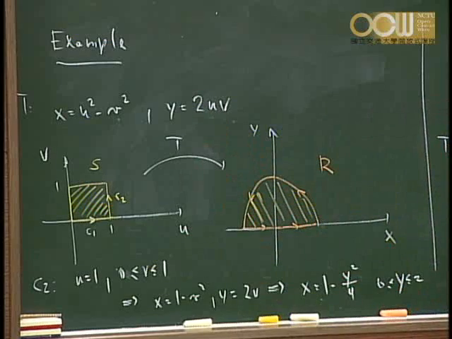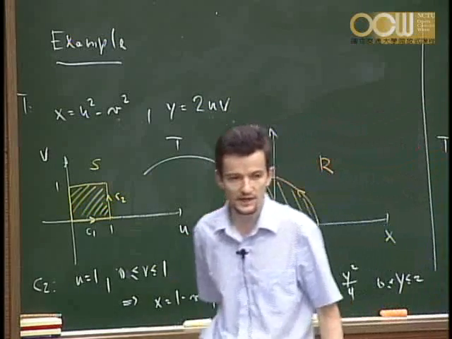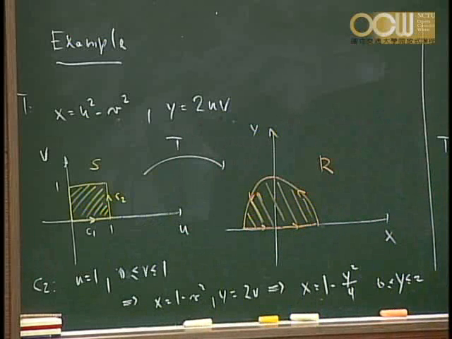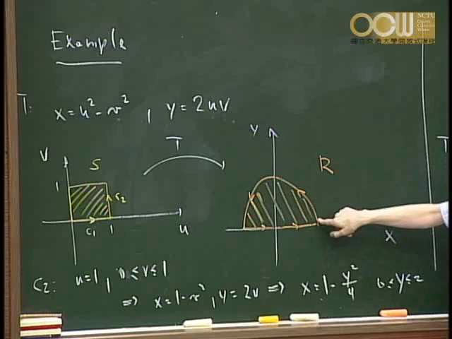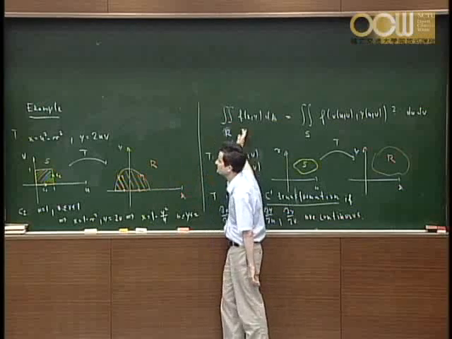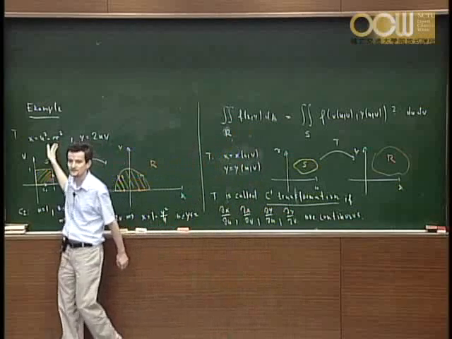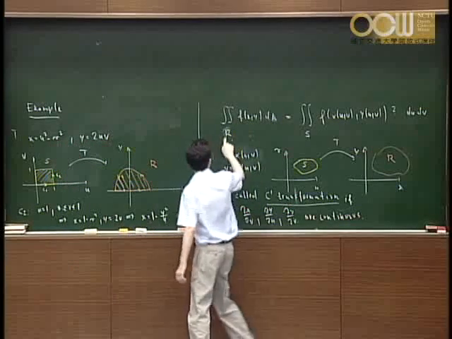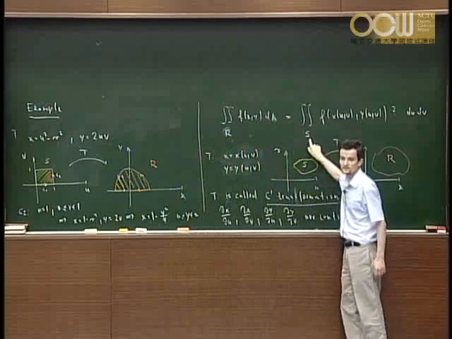So you see, this already shows you somehow the tricky part of substitution for double integrals. If you encounter an integral like this here, where R is given by this here, you might think about this transformation, because under this transformation the domain gets much easier.